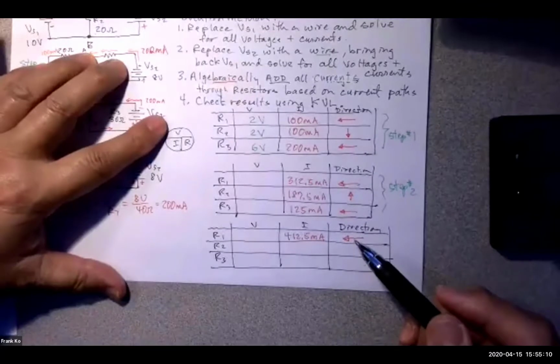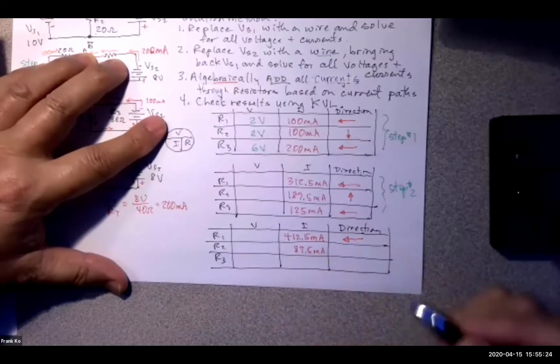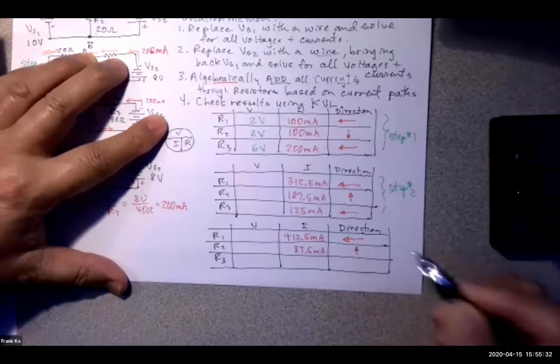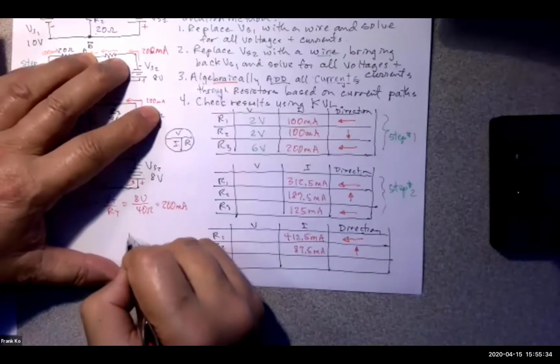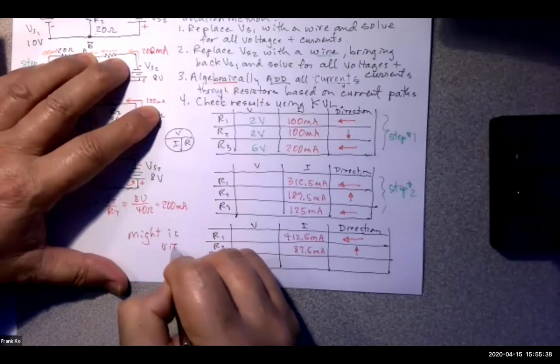You would take the 187.5 and subtract 100, which would give you 87.5 going up. 87.5 milliamps. You're right, Andrew. And the final direction is up. Why? Because it has the greater number. Exactly. And here I have a phrase for you: might is right.